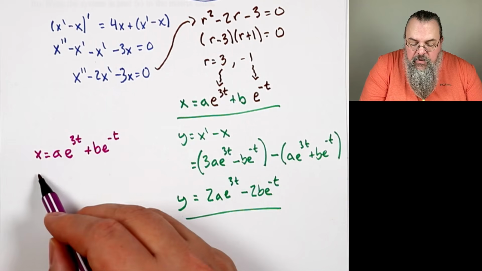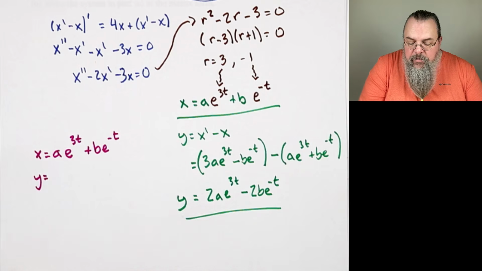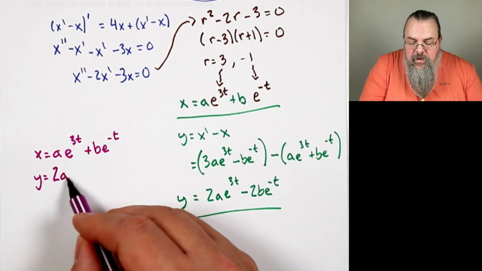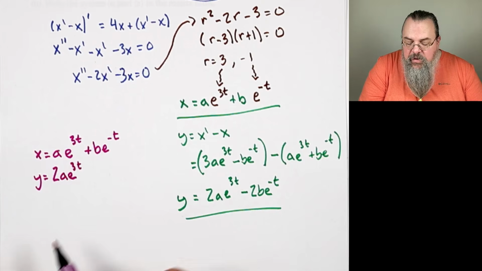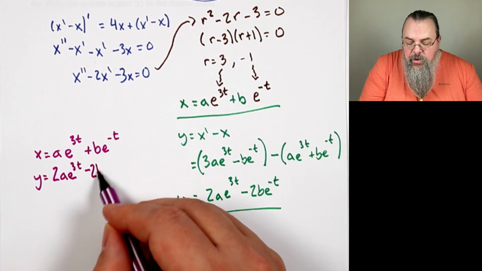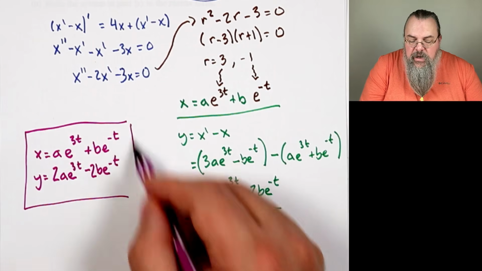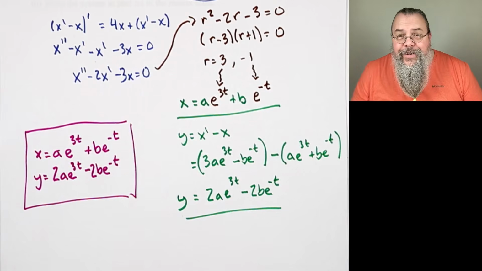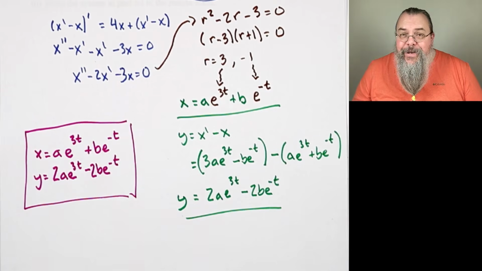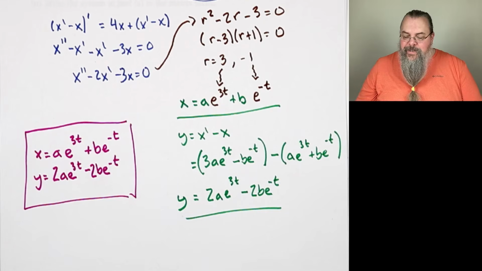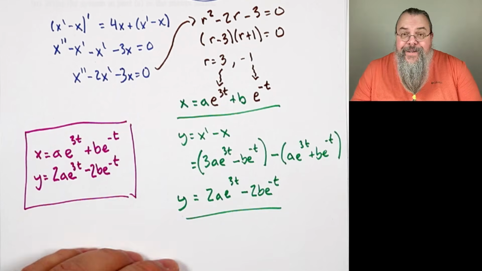If our work is disorganized, they can't spot where to give us partial credit, and so we miss out. So put in the time to have your work be nice and organized, and let the grader know where your answer is. So there we go.